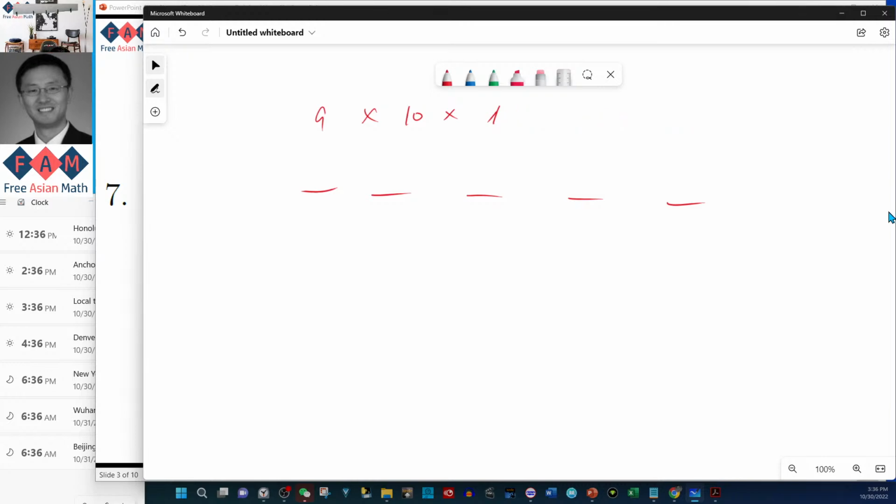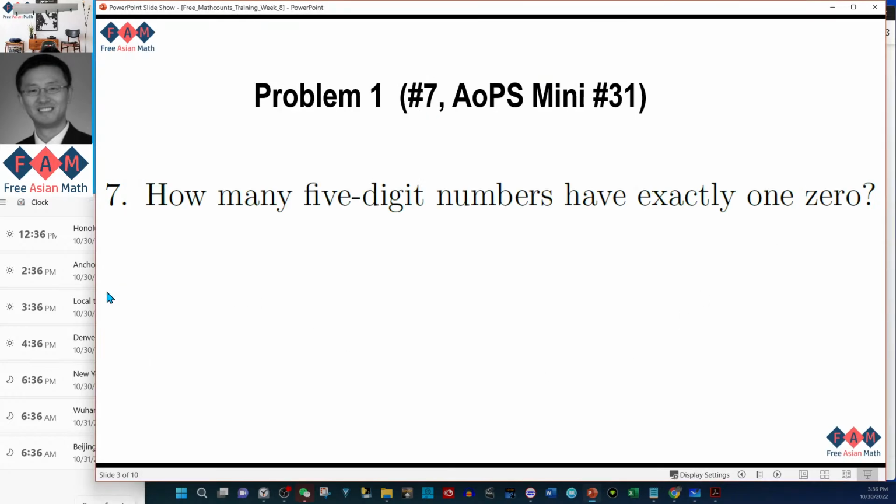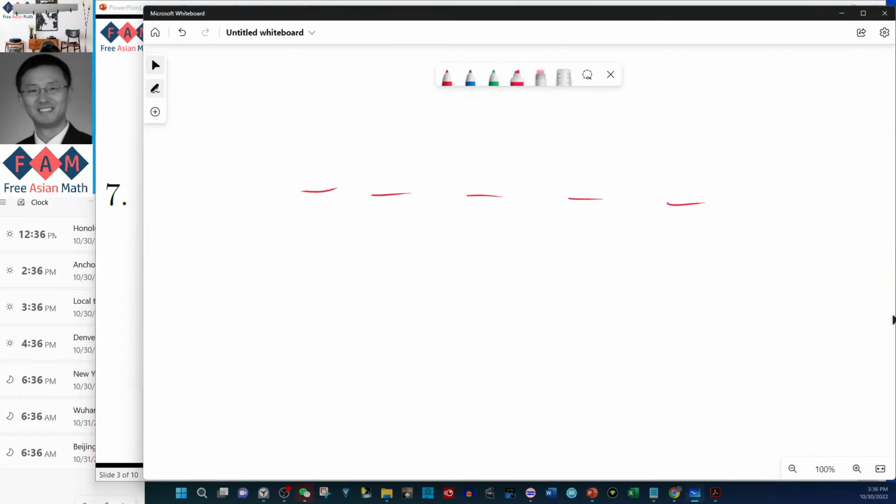There's a constraint. The constraint says that you must have exactly one 0 in this 5-digit number. That's quite a significant constraint, but how do we count with this constraint?